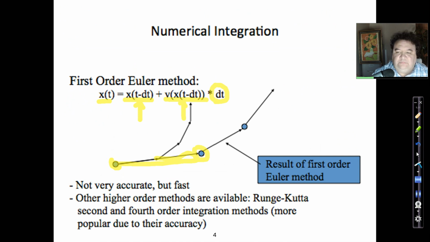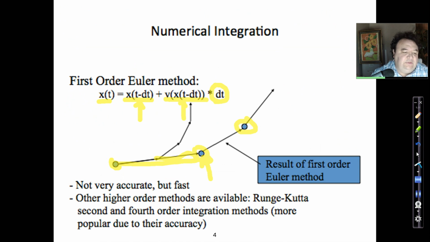And so from this point we get to the next. Now at the next step, this becomes x of t minus dt, and this is the new x of t, and so on. And so one can build this polyline by doing this simple addition over time.